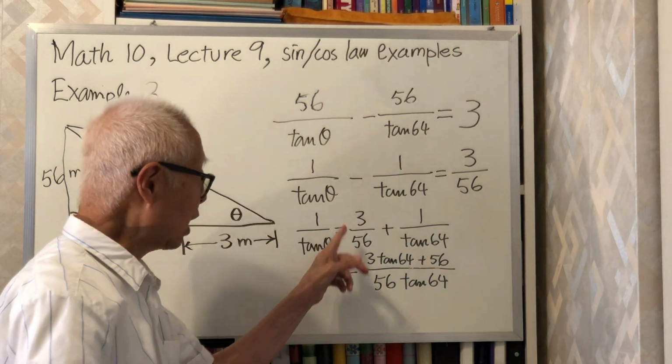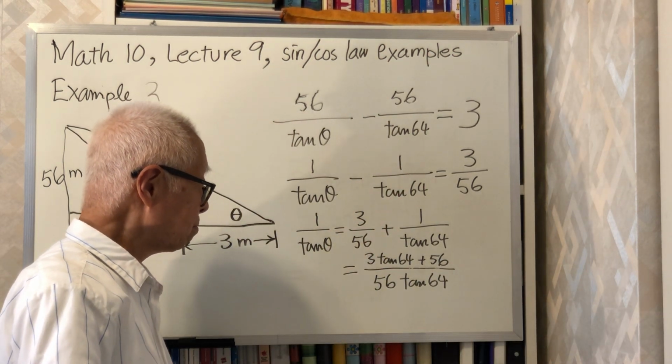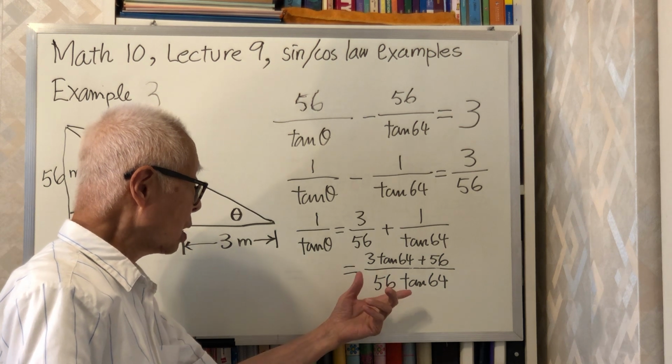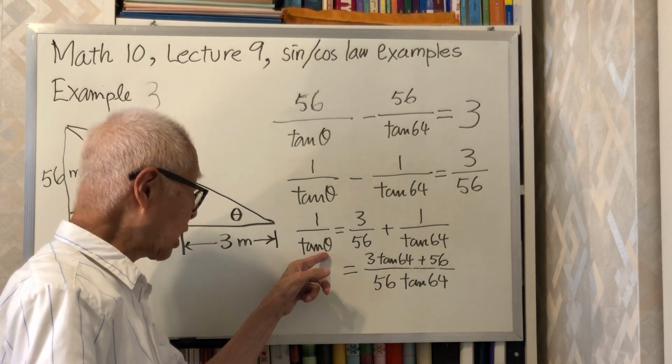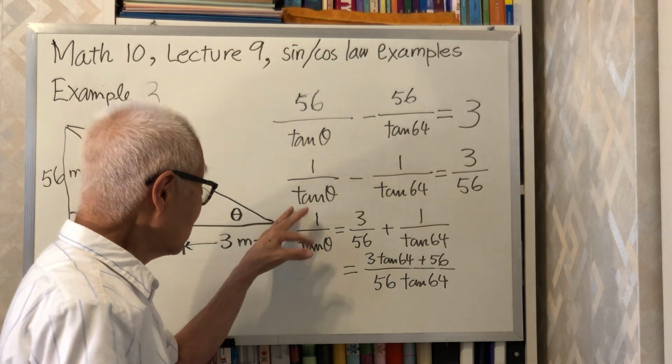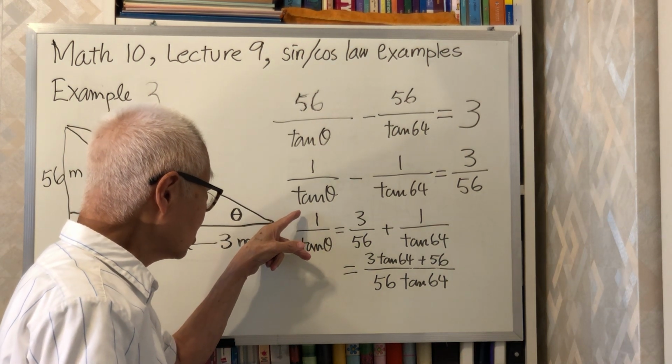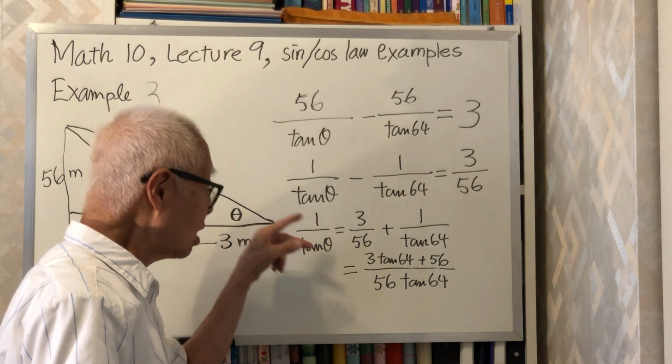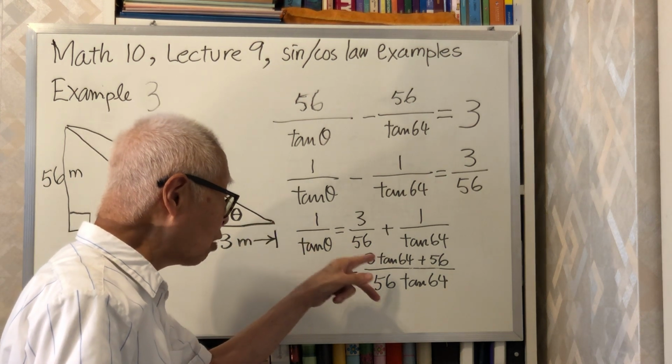So this is how I do common denominator. But I want to find tangent theta. So how do I do that? Tangent theta, you flip upside down for the left-hand side, so you need to flip upside down for the right-hand side.